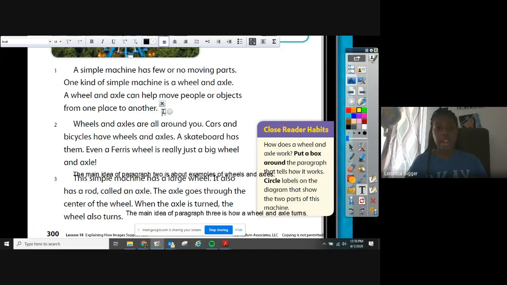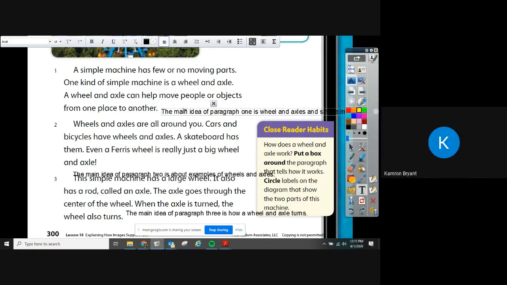Let's type the main idea of paragraph 1: wheel and axle and simple machines. Period. There we go.